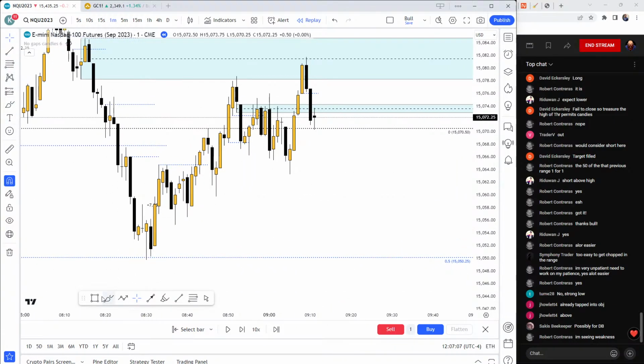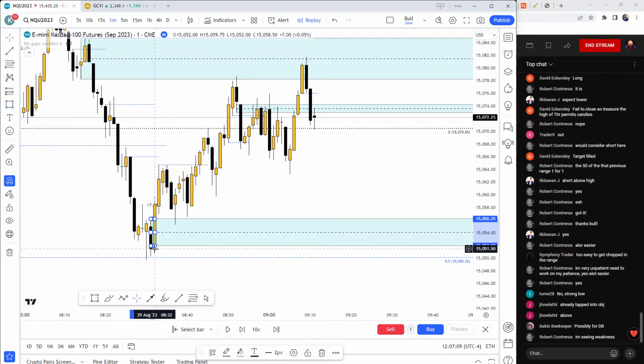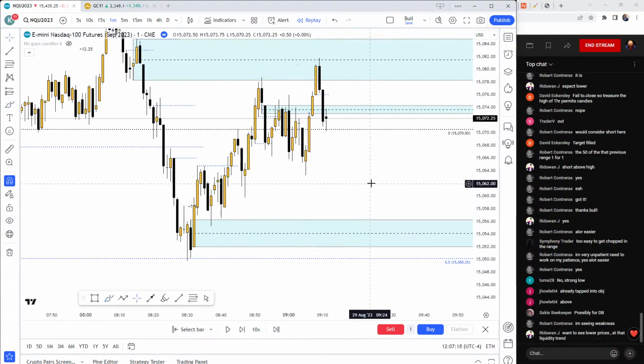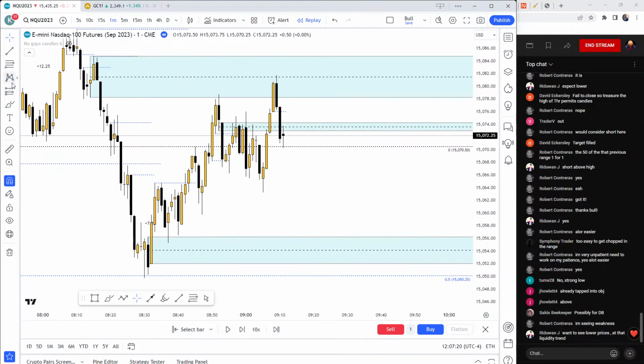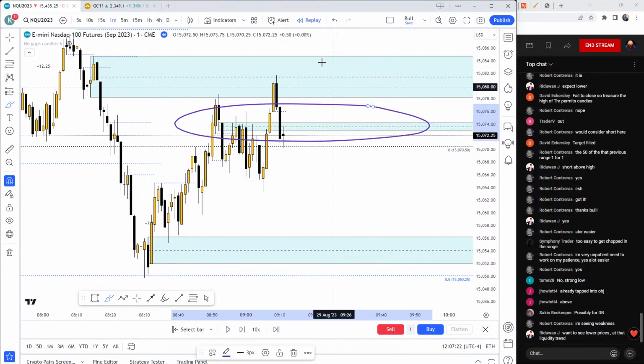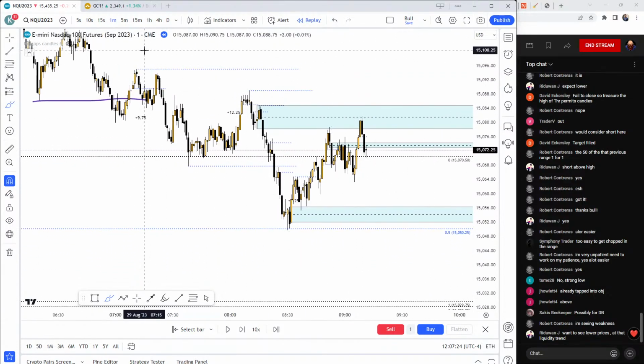We've got this area here that we've tapped into and left. We've got lows here that haven't been swept. If we're looking long, we're not looking long up in here for our barbecue.